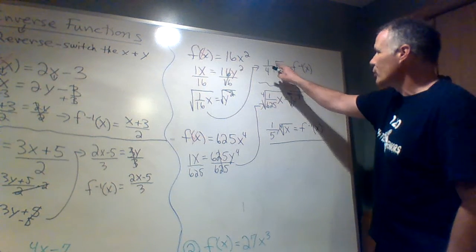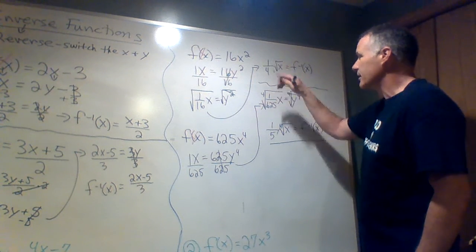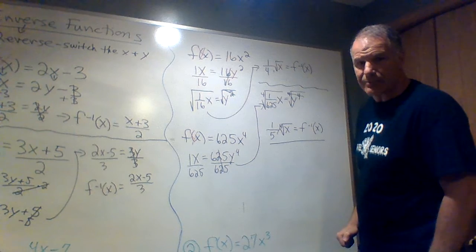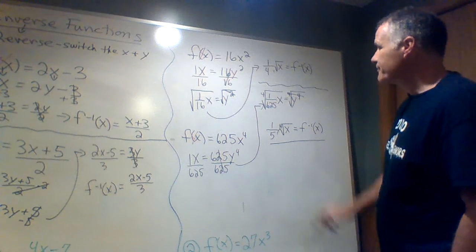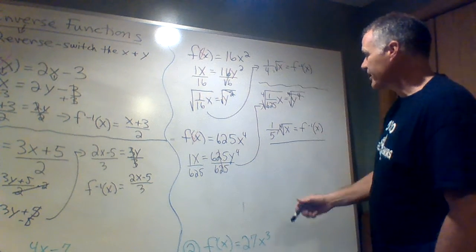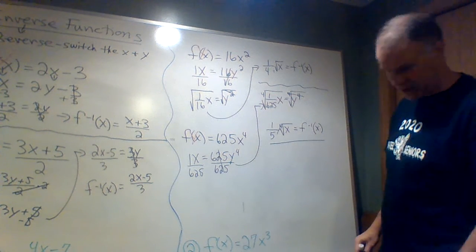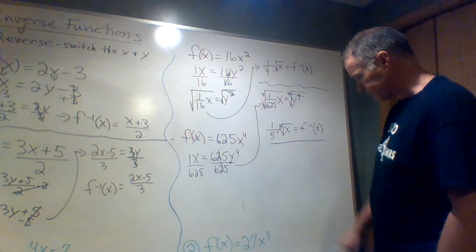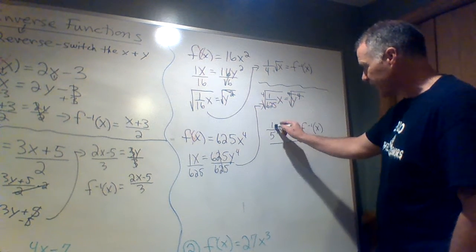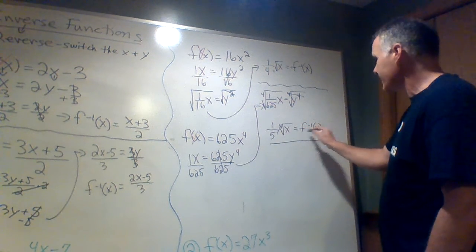Now with a square root, you don't really have to have a little 2 there. You could put a 2 there, it would be the same answer, but for square roots, just use the check mark. But a fourth root, you have to have a little 4 there. Obviously a cube root would have a little 3 there. So again, 1/5 fourth root x is my inverse.